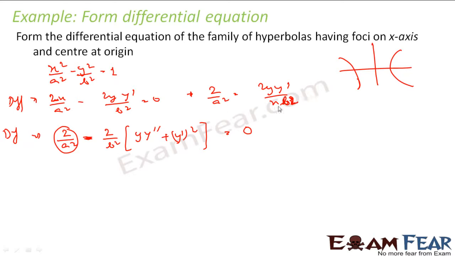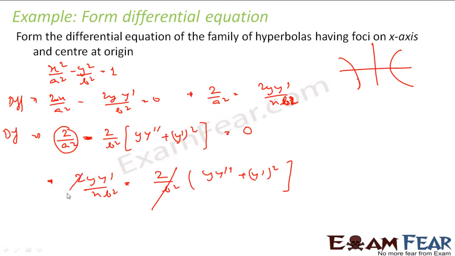Correct? So put the value here. So this becomes 2y y dash by x b square is equal to 2 by b square into y double dash plus y dash square. So what you get is y dash is equal to x into y double dash plus y dash square. And that's the answer actually.